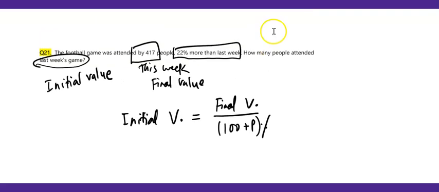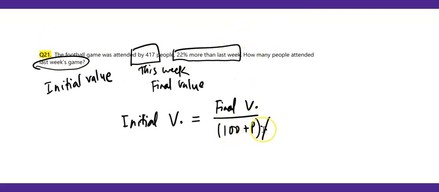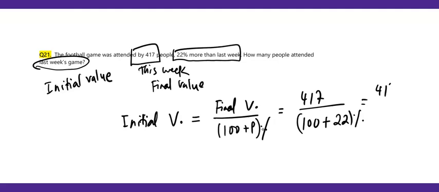Because it's a more than, I have to do 100 plus p. So the final value is 417, and the initial value is going to be 100 plus 22%. This gives you 417 divided by 122%.